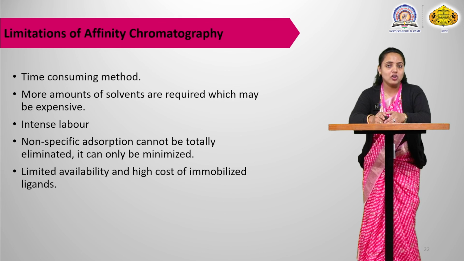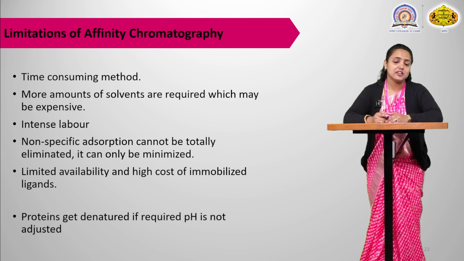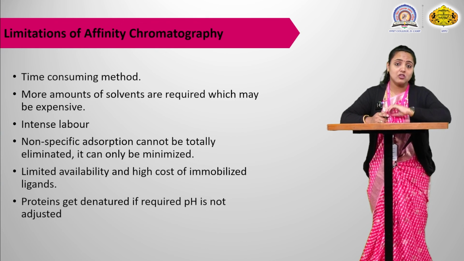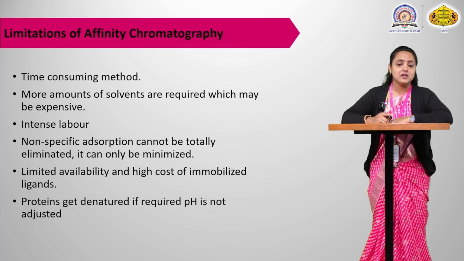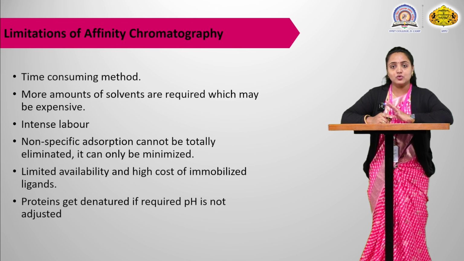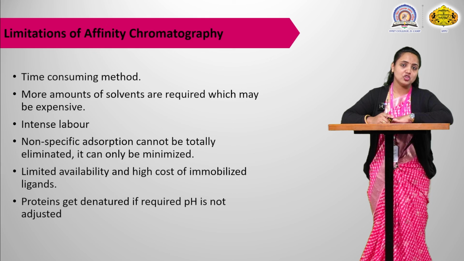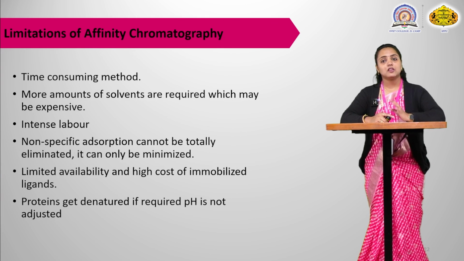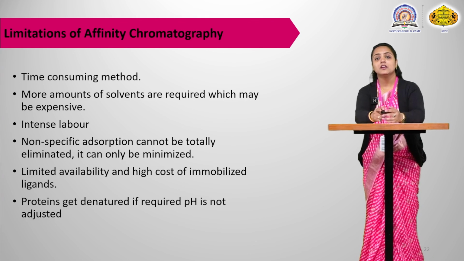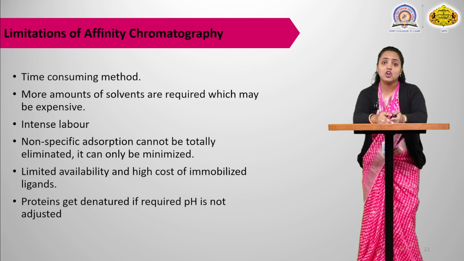It is highly costly because the immobilized ligands are very costly. Proteins get denatured if the required pH is not adjusted. If you fail to adjust the pH of the column, then the protein or the enzyme activity can be denatured, and because of that the purified enzyme would be in a non-active state.